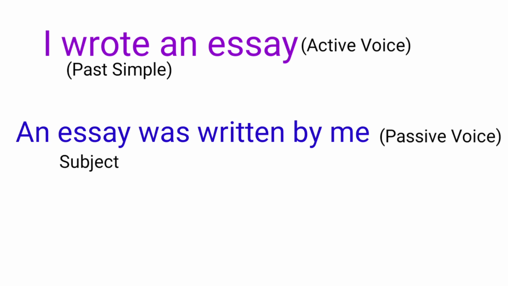I wrote an essay. Now, wrote is in the past tense. And I is the subject, I is the doer. That's why it's in the active voice. Now, when we change it into passive, it will become an essay was written by me. Now, wrote, you must have noticed, was in the past tense, simple past.